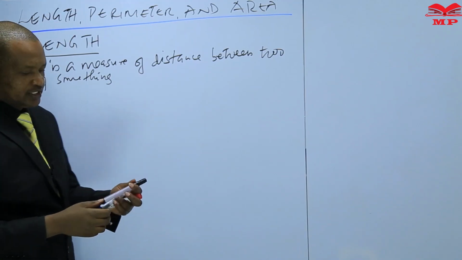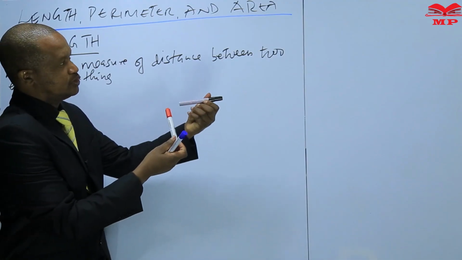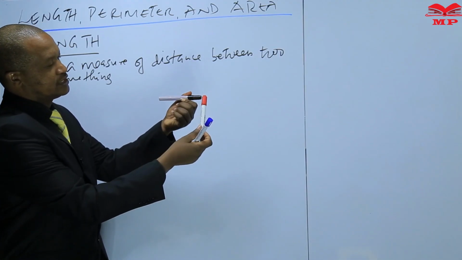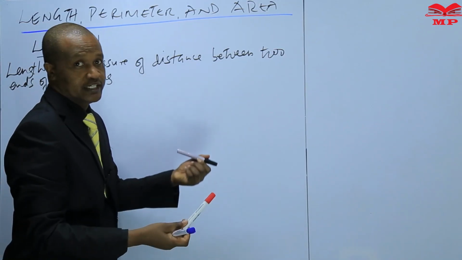It can be something like this pen. If you measure the distance between this end and this end, that is what we are referring to as length.